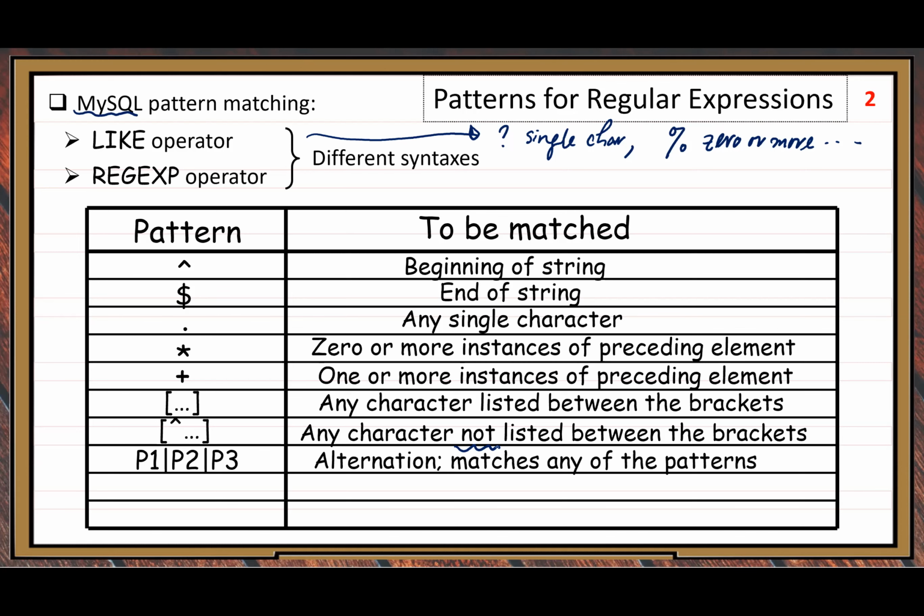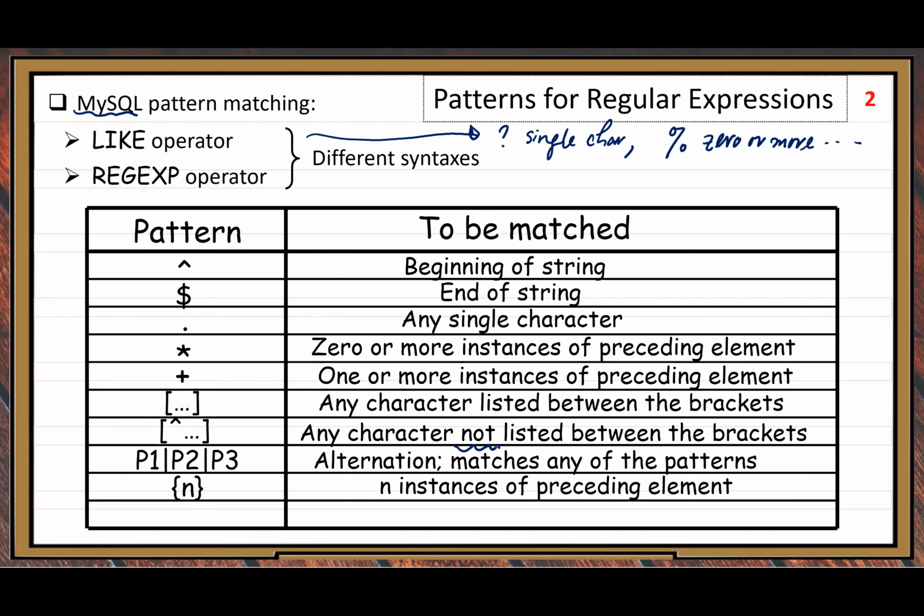Alternation matches any of the patterns. Then curly braces around an integer number n. You can use a specific integer there.